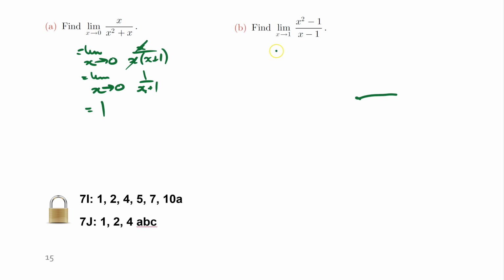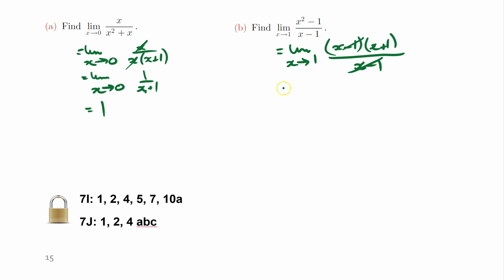Likewise, with this curve here, if we plugged x equals 1 into the denominator, we'd be dividing by 0. So first of all, we do the same sort of algebraic simplification that we did using the h plus 1 or h tending towards 0 methods.